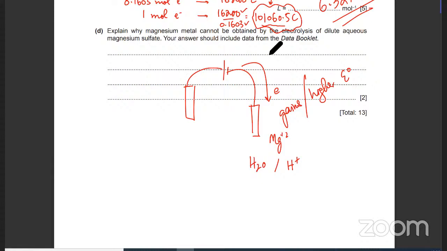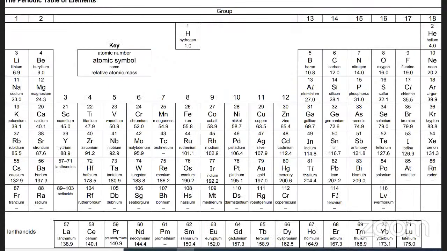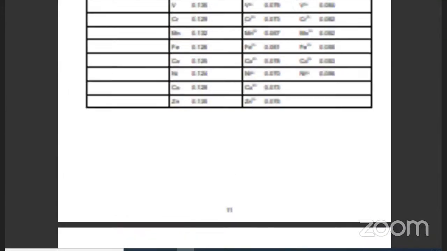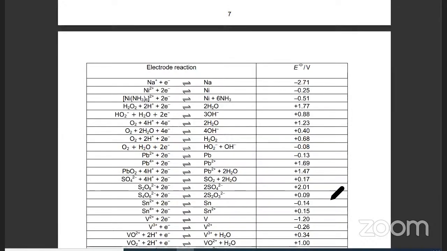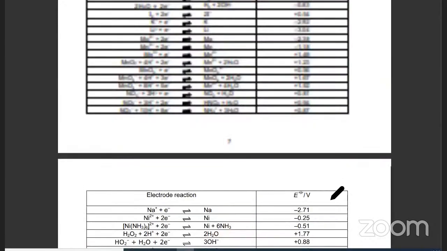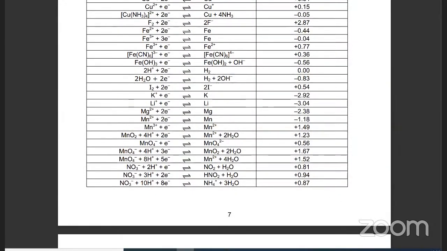So I just need to open the data booklet and find out. I've got Mg2+ gaining electrons, and that is minus 2.38.